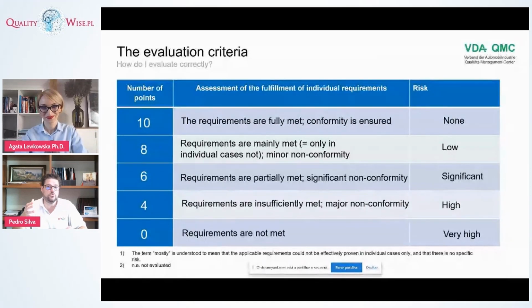Don't be afraid to do that as long as you have the evidence, of course, as in any audit. The other comment is that if you are using 0 or 4, there may be an impact on the final classification A, B, or C. If it is a 0, for sure it will exist. With a 4, it will depend.